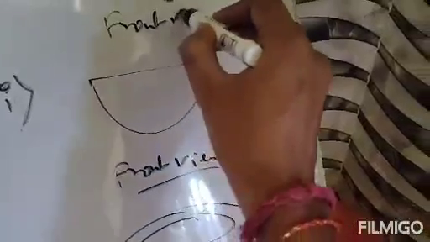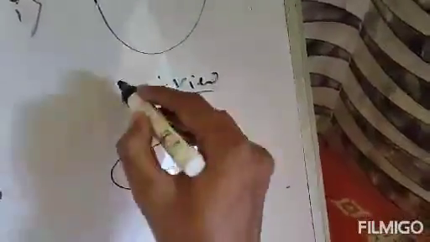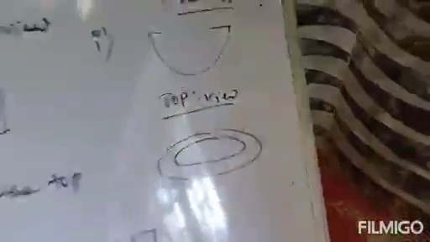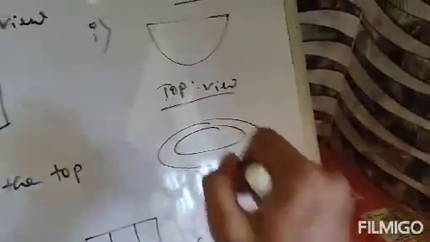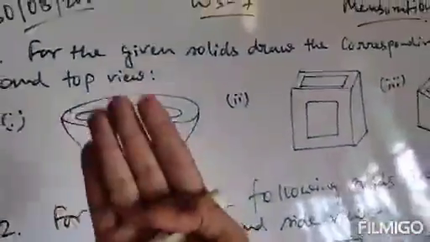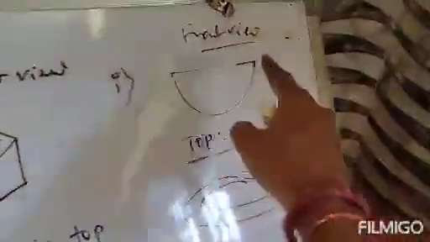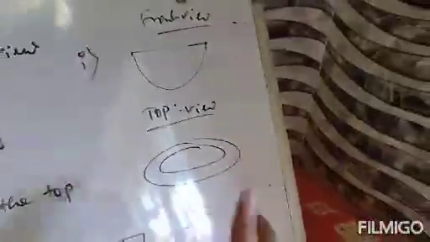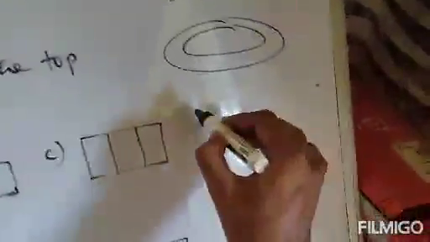This is the front view and this is the top view. That means when you see this diagram from your top position, the diagram will look like this. And when you see this diagram from your front view, the diagram will look like this. That is the half circle. This is the front view and this is the top view. Clear?